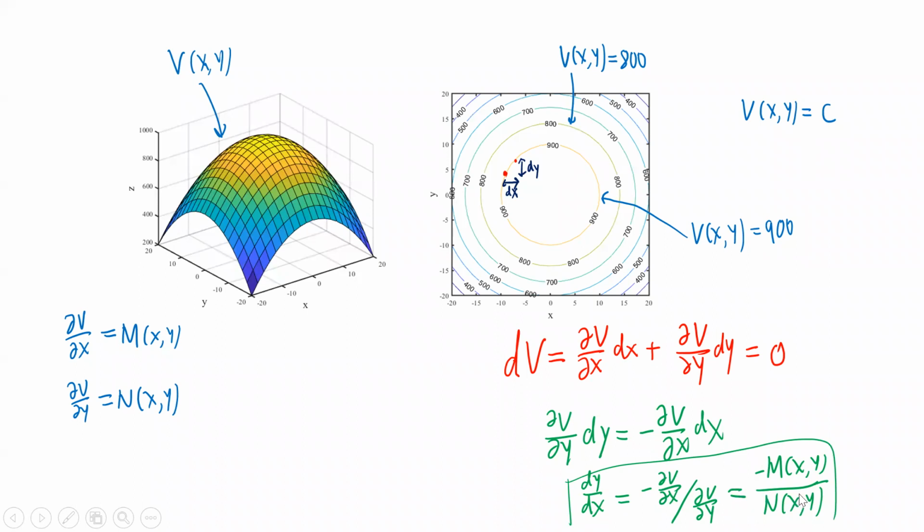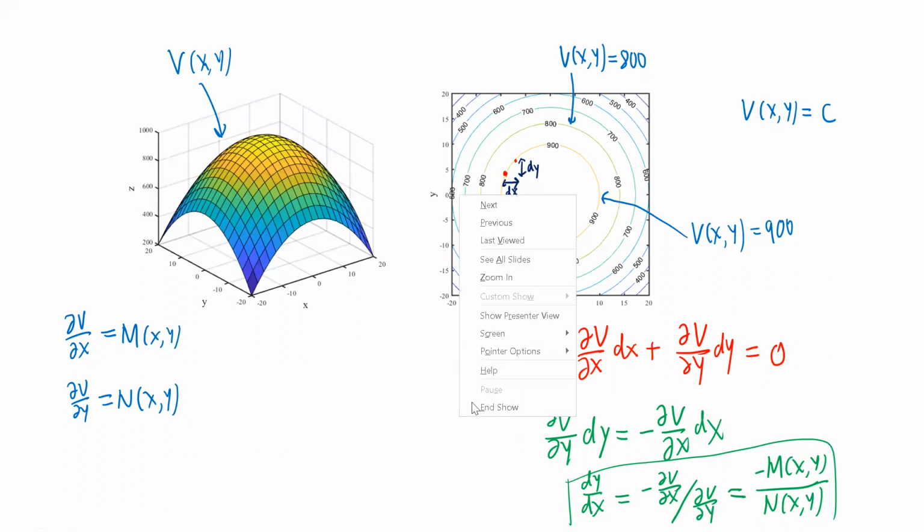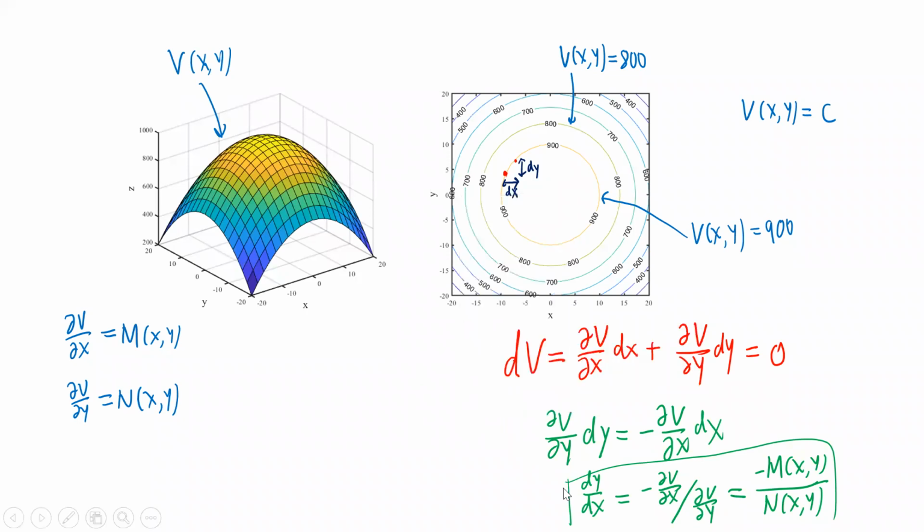That means if I'm seeing a type of ODE that looks like this, dy dx equals minus capital M divided by capital N, then you know that what you are really looking for is the relation between y and x that refers to this contour line curve.